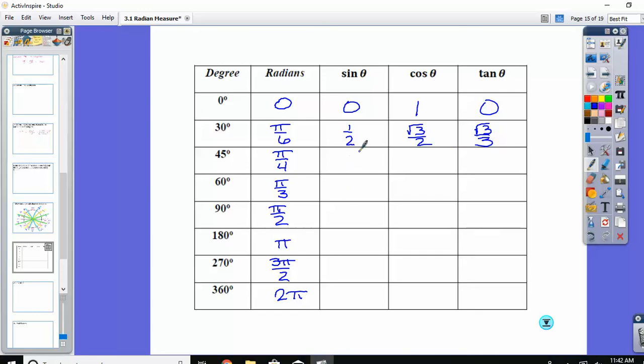At 45, or I might say pi over 4, sine is radical 2 over 2. Cosine, radical 2 over 2. Tangent, radical 3 over 1, which is radical 3.